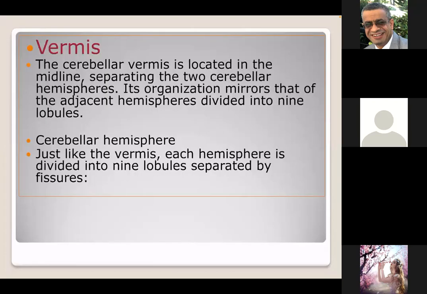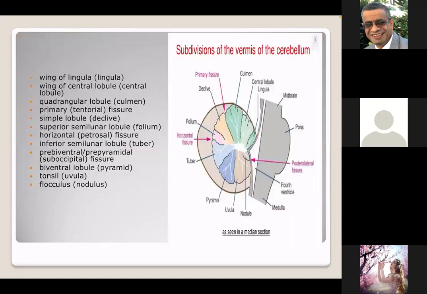The cerebellar vermis is located in the midline, separating the two cerebellar hemispheres. Its organization mirrors the adjacent hemisphere, divided into 9 lobules. Just like the vermis, each cerebellar hemisphere is divided into 9 lobules separated by fissures.